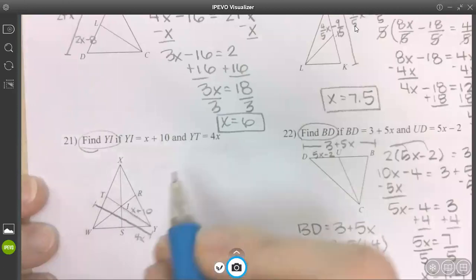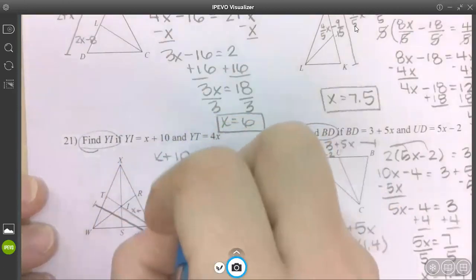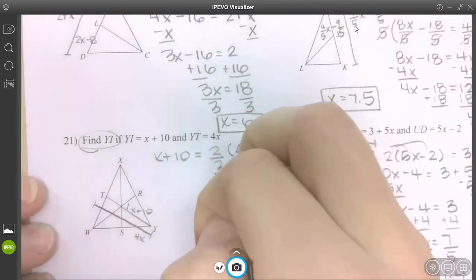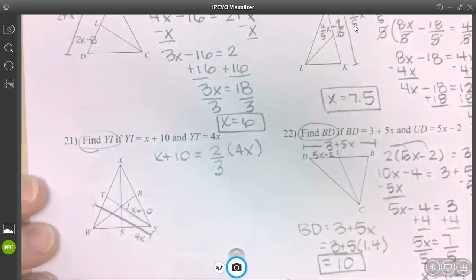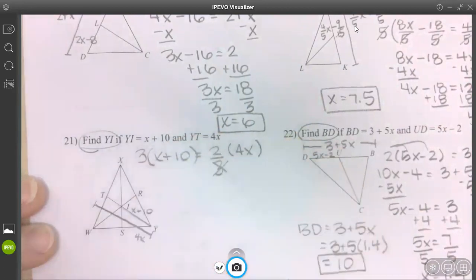So our formula says long part, x plus 10, is equal to 2/3 times the whole. The whole is 4x. Do what we've been doing, multiply by 3 so that that will cancel out.